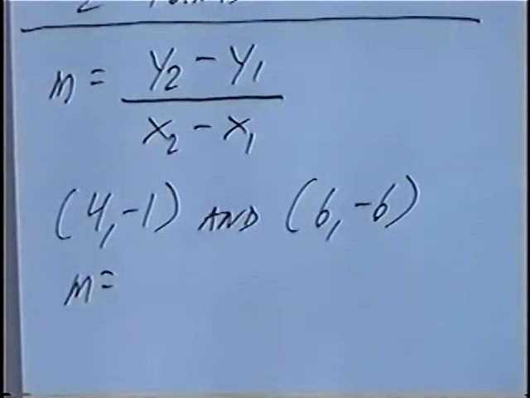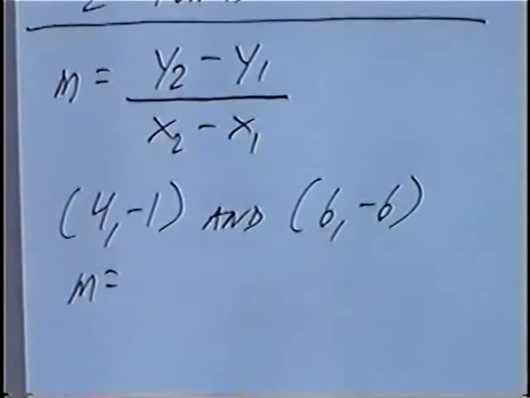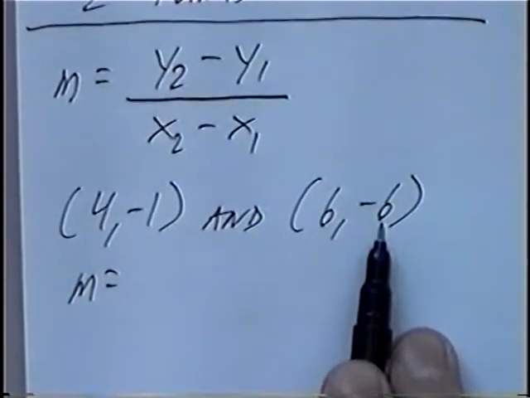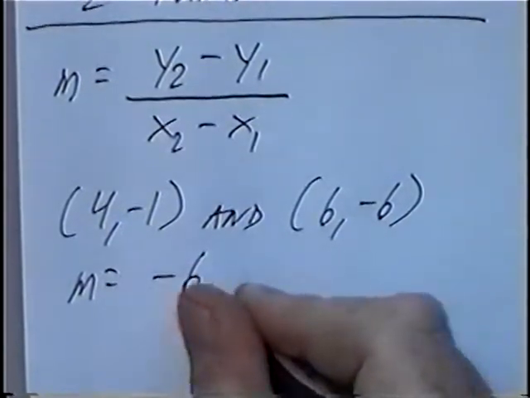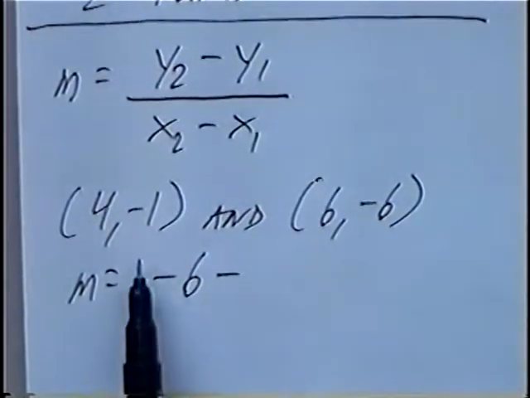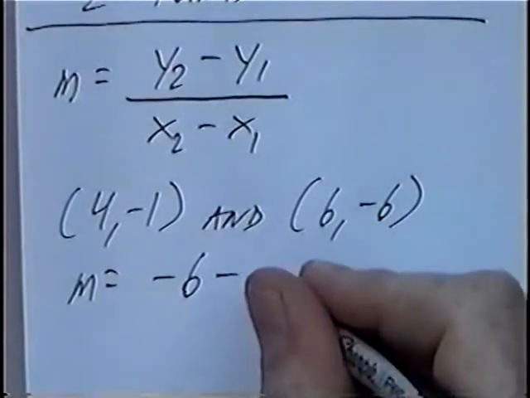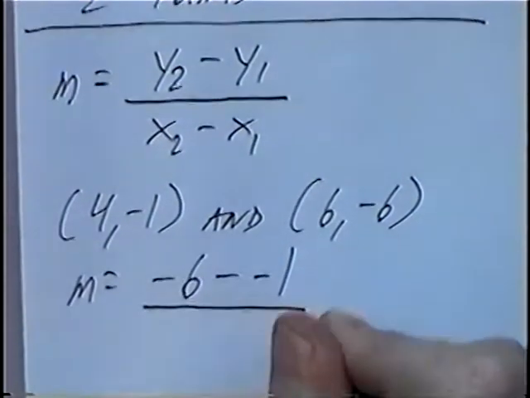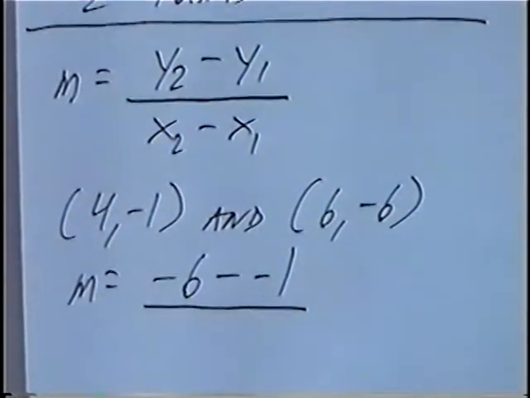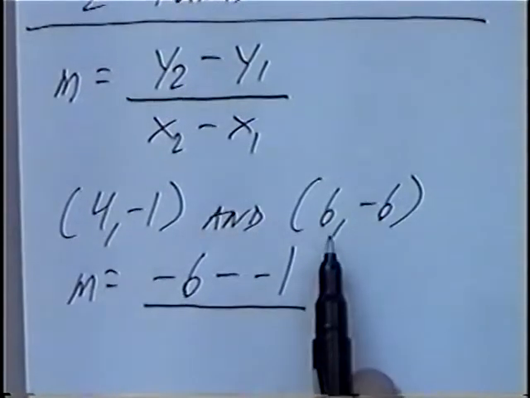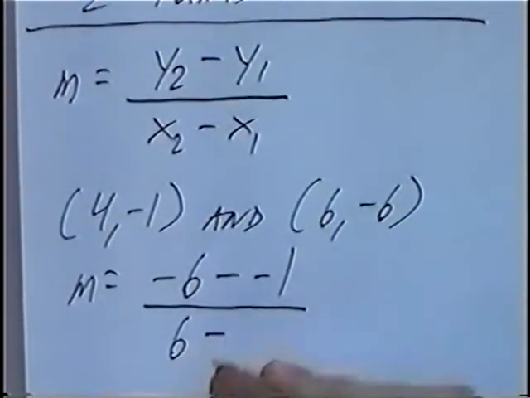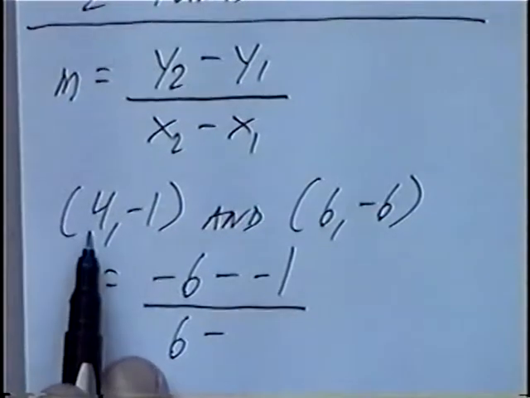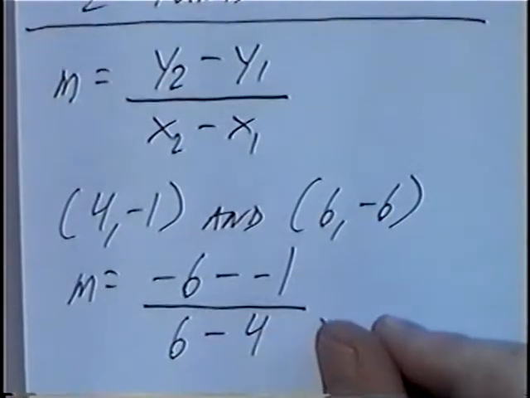So the slope for this question, y2, would be the second y value from the second point, which is -6, minus the first y value from the first point, which is a -1. Divided by x2, the x value in the second point, which is 6, minus the x value in the first point, which is 4.